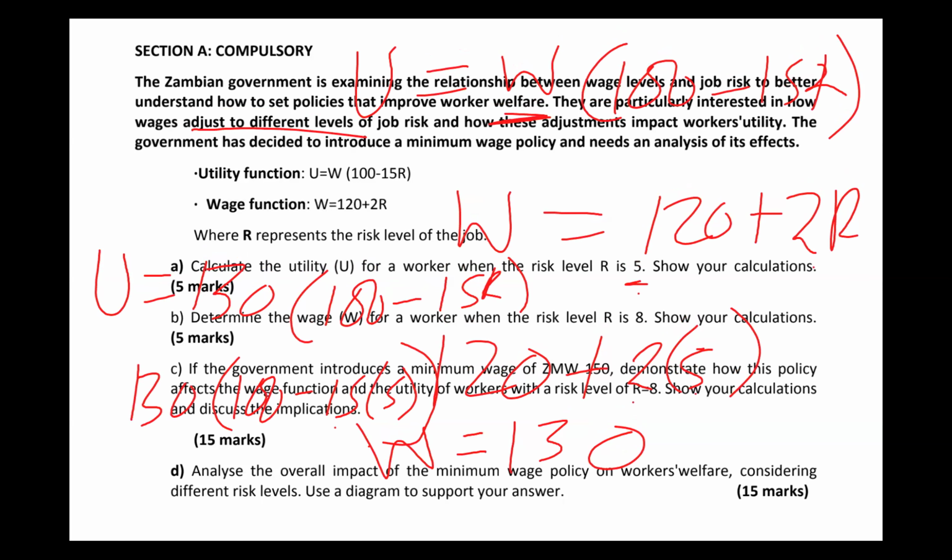Our wage function is equal to 120 plus 2R. So 120 plus 2 times the degree of risk, which is 8, giving you 120 plus 2 times 8, which is 16. So that the wage can be equal to how much?